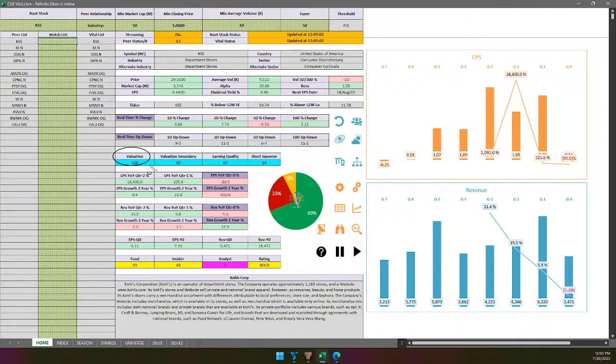Now, Kohl's has fantastic valuation, undervalued, in fact, the best possible score, great earnings quality, and a short squeeze potential. Funds are neutral, and I noticed the dividend yield 6.8%. That itself is good enough reason to buy. So you could buy Kohl's as a dividend player, and when it is selected as a dividend player, you may note the earnings quality.